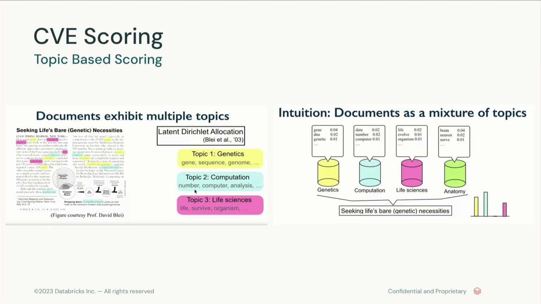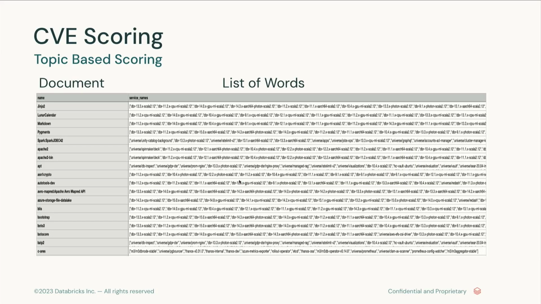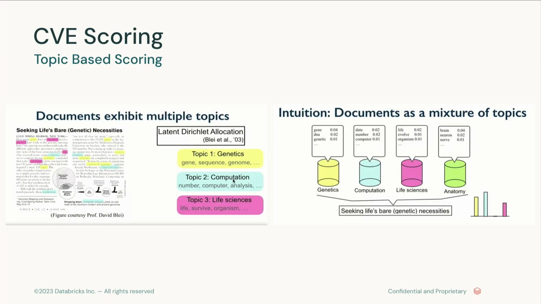And there is number, computer, analysis, all the blue ones, they belong to a topic like computation. And there is gene, sequence, genome, these all belong to a topic like genetics. So what topic modeling does is, given a document, you can identify the topics in the document, and then each document can be represented as a distribution of topics.